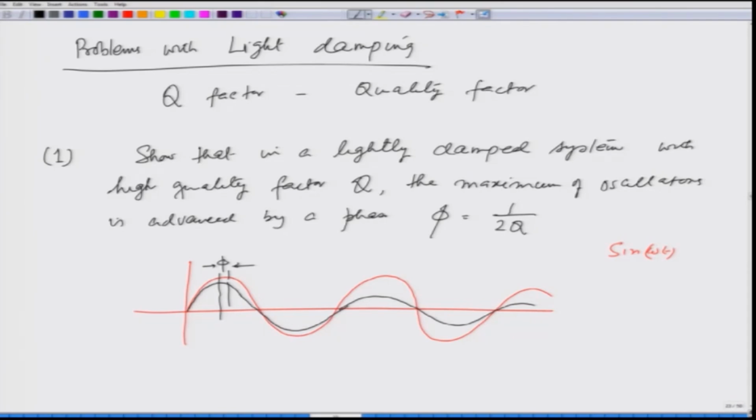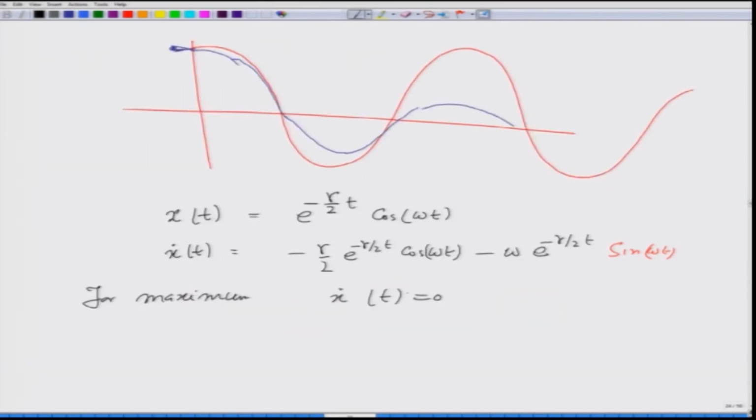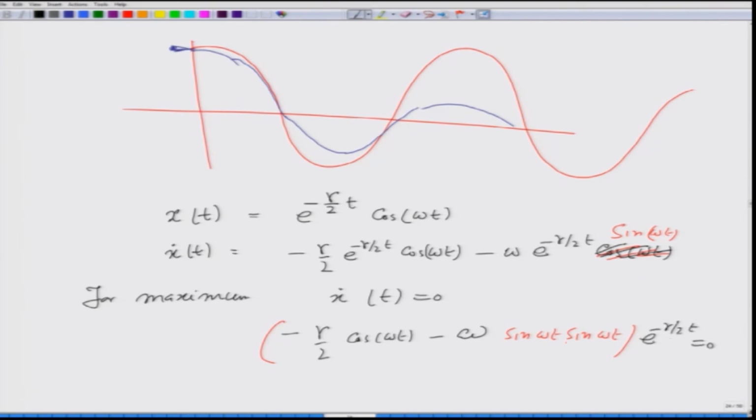Setting the derivative equal to 0, I have minus gamma by 2 cosine of omega t minus omega sine of omega t, multiplied by e raised to minus gamma by 2 t, equal to 0, and this gives you tangent of omega t is equal to minus gamma over 2 omega.